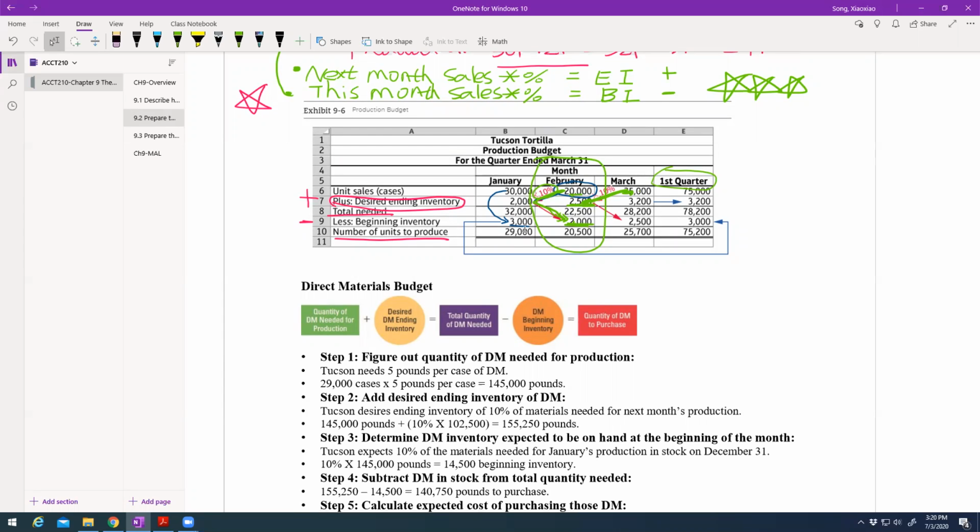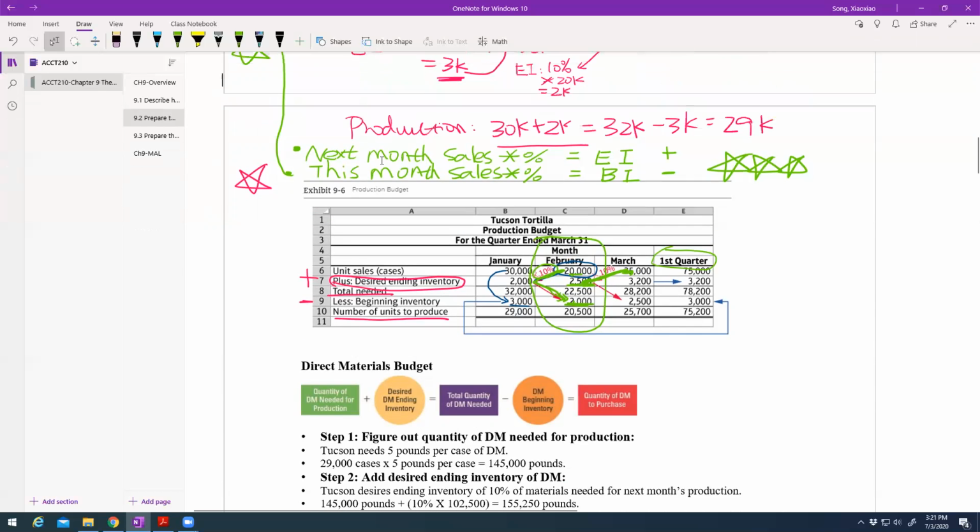So what you need to produce is 29,000. Units sold plus the ending inventory is the total units you need, minus the beginning inventory, and that's your production, 29,000.